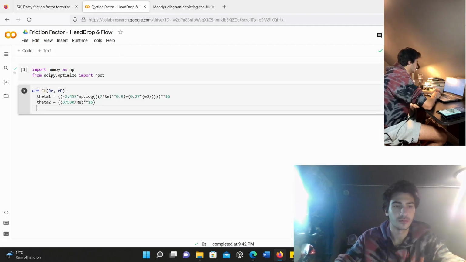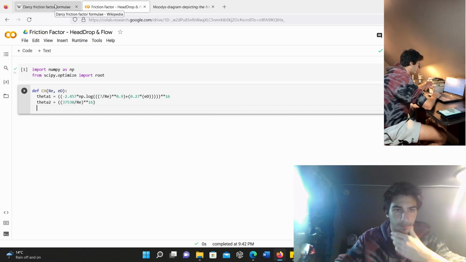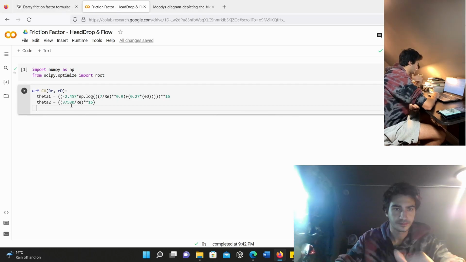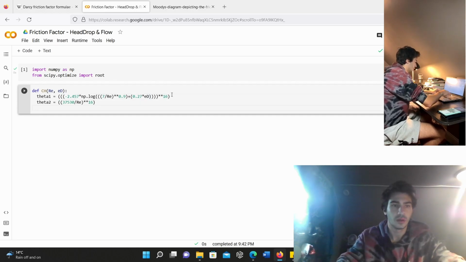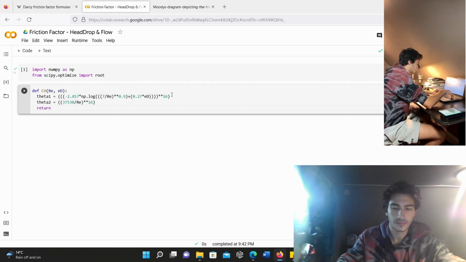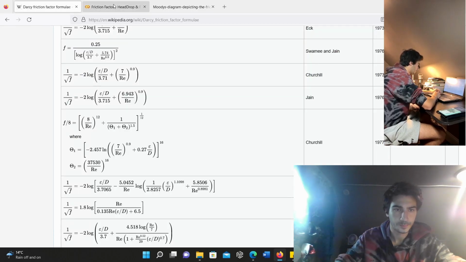I'm just going to do friction factor. Should be good. Make this just to make sure. Then we're going to want to return this times 2.